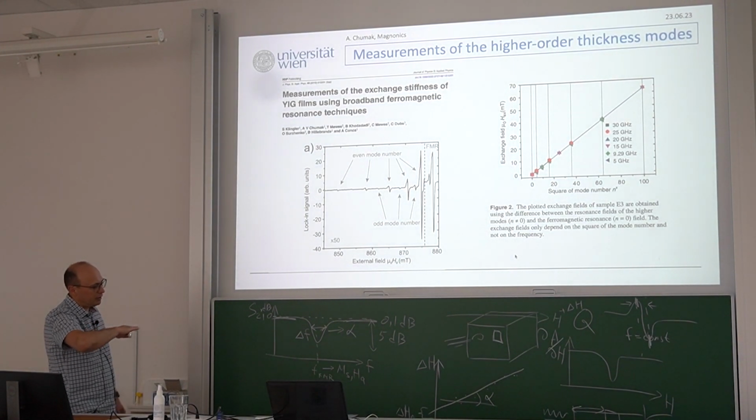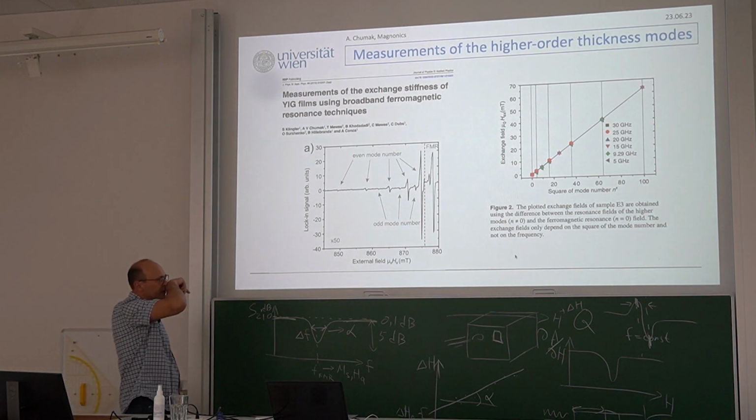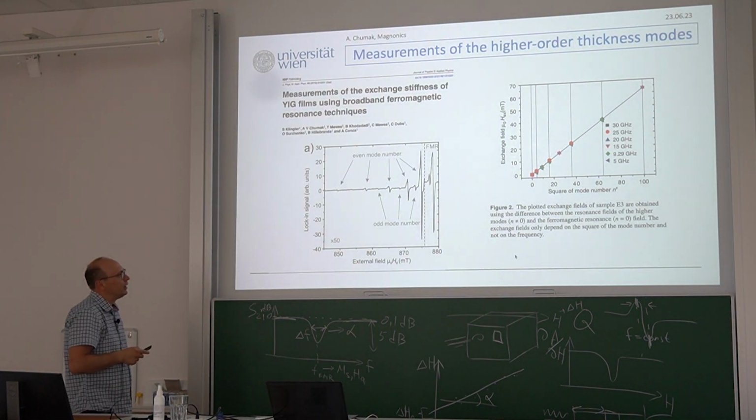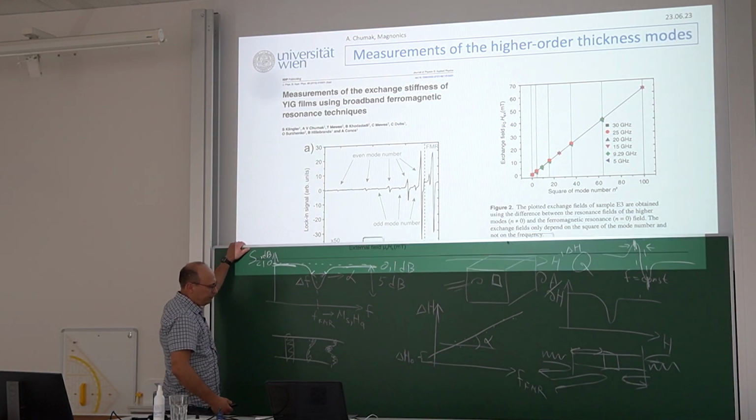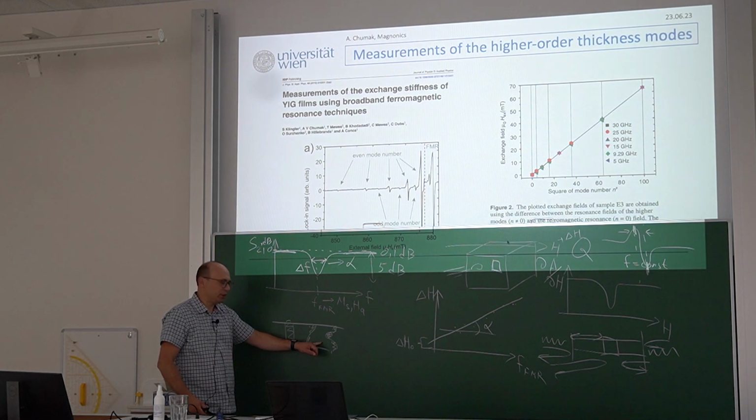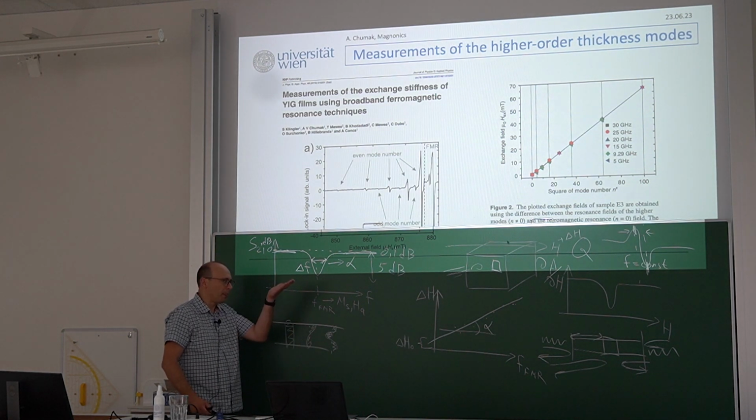Maybe because the surface of YIG-GGG is different from the other surface of YIG-air. But important for us is that when you have this quantization, the exchange interaction shifts the frequency of these modes up.